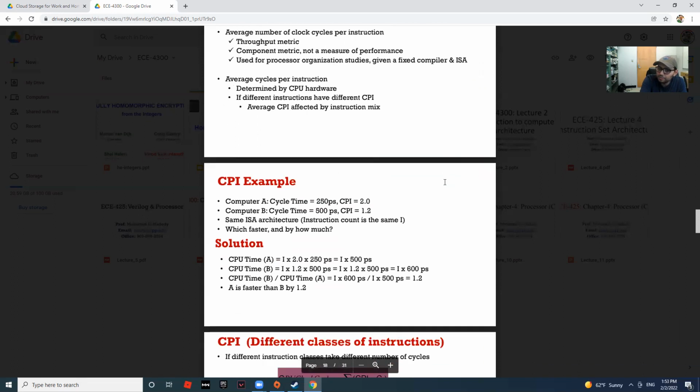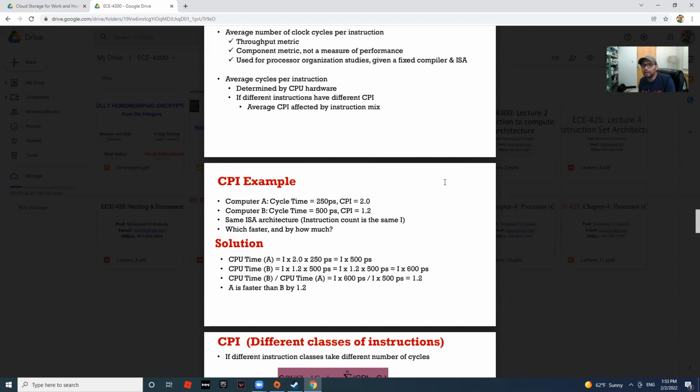Here is my example. We're going to start with a simple one up to a difficult one. If my computer A has a cycle time, so we don't need the clock rate now, right? The cycle time is 250 picoseconds and the CPI is 2.0. Somebody will ask me, why, Dr. Ali, 2.0? Because a fraction can be represented in the CPI, since there is averaging as in the previous slide.